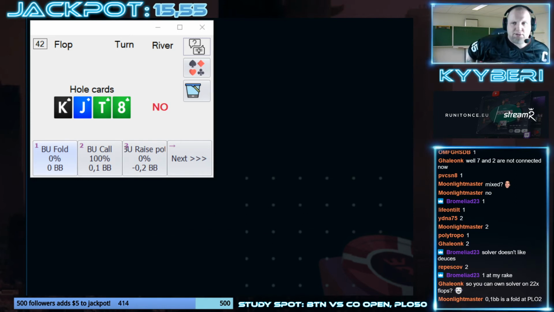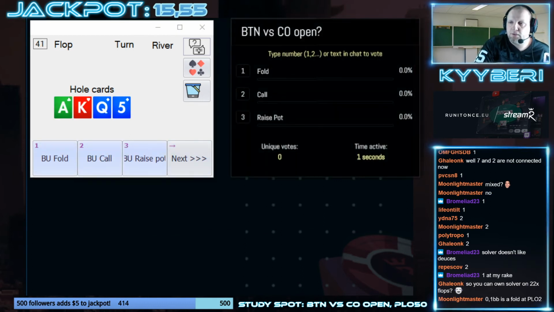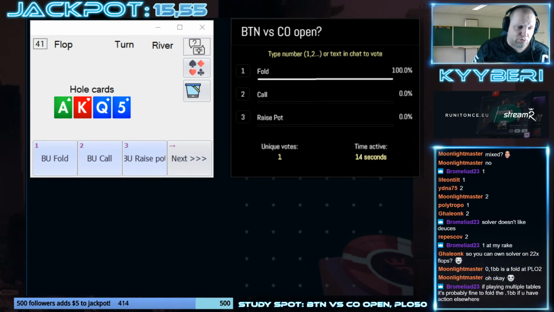Because on many sites the rake on PLO2 is smaller than on PLO50. And in PLO50 not all hands go to the cap. And in PLO2 the thing is that you should have a huge postflop edge over your opponent, which means that all those minus 0.1 BBs turn out to be profitable because you just own your opponent postflop.